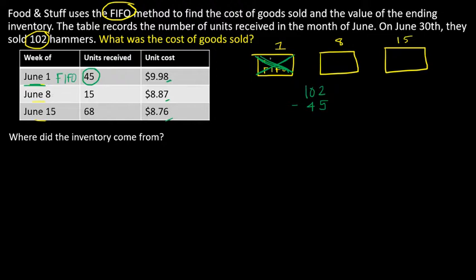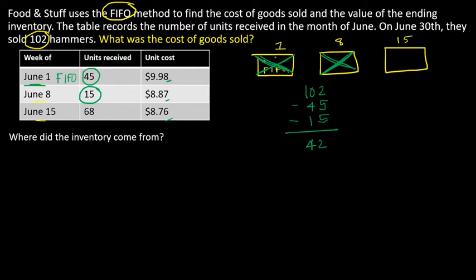So next I go to my June 8th box, okay, and I pull out all 15 hammers, and I give them to this person. So now my June 8th box is empty, right? So now I have also taken out 15 more hammers. 45 plus 15 is 60, right? So far I have only given this person 60 hammers, but they asked for 102, so I have 42 hammers to go, right?